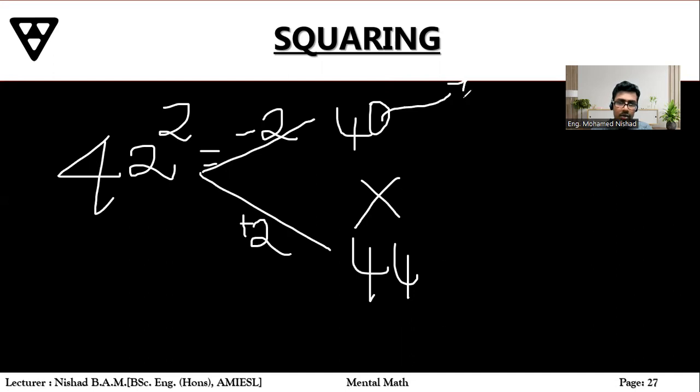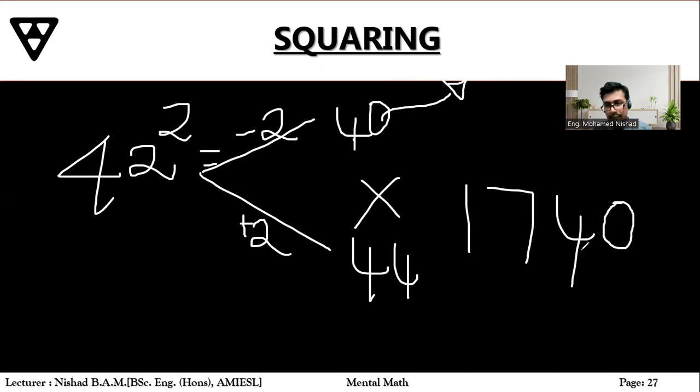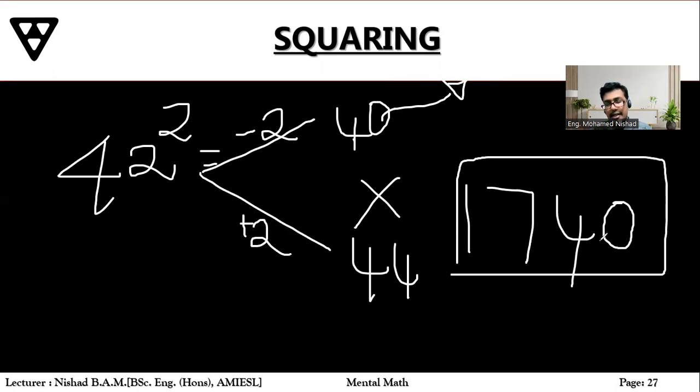Just take out the 0. So then it will be 4 times 44. So 4 times 40 will be 160 plus 4 times 4, it will be 16. If we add that 160 plus 16, it will be 176. And then we have to recall that 0 again and put it down here. So then the answer for this one will be 1760.